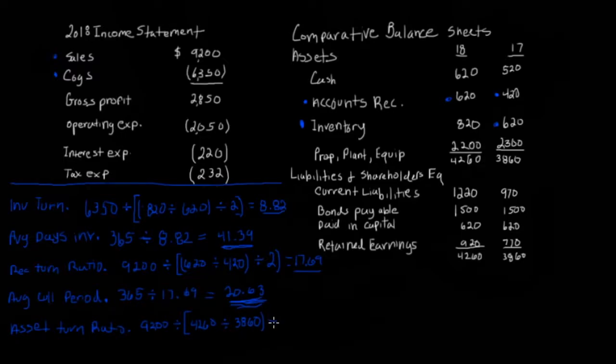Then we're going to divide that by 2. And you'll get a product of 2.27.